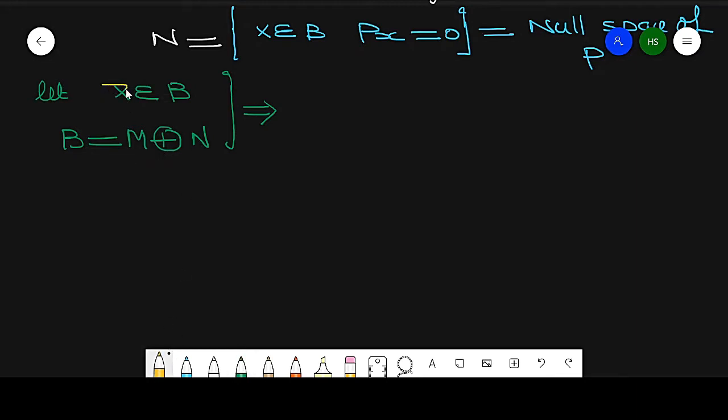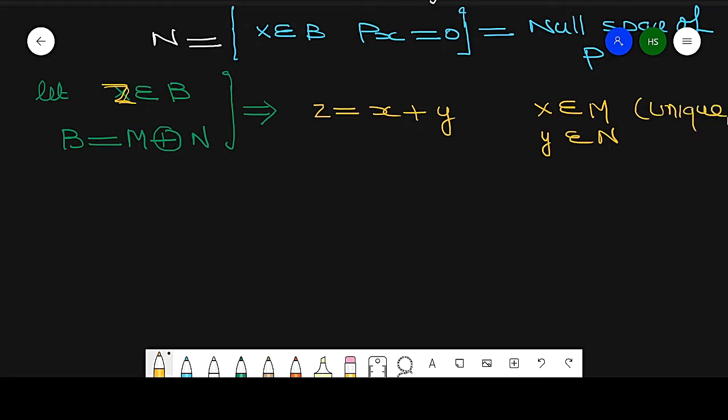So a vector Z can be written as x plus y, where x belongs to M, y belongs to N, and this expression is unique. So P of Z equals P of x plus y.